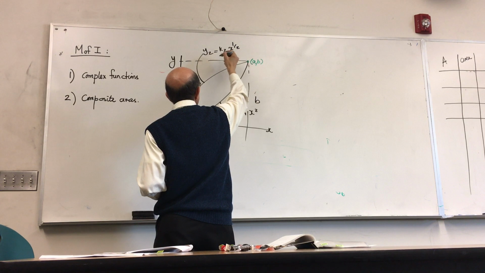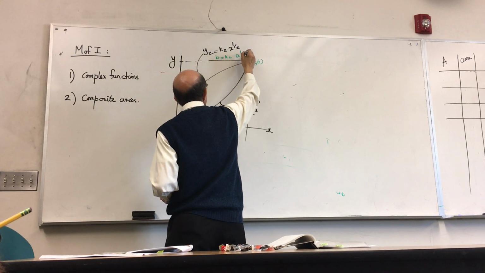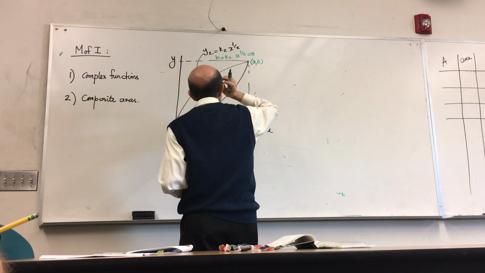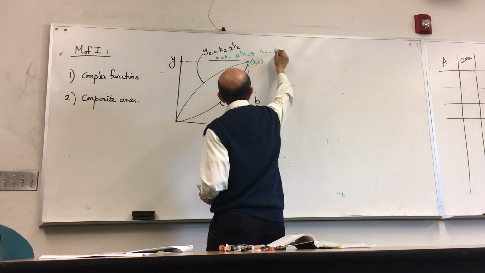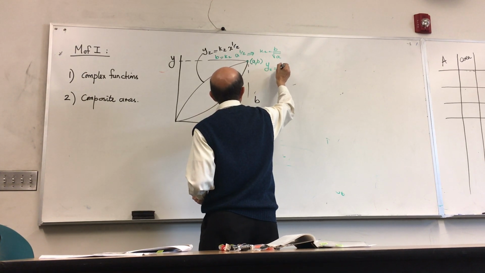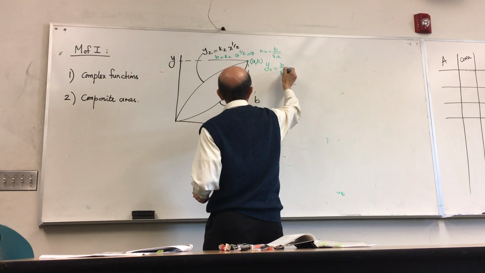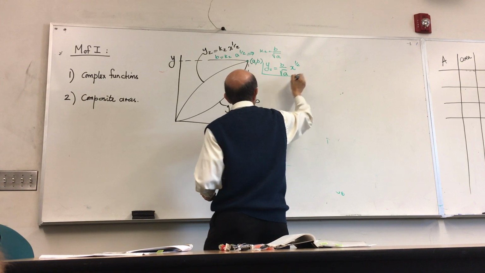So if I substitute that here, we have B is K2 A to the 1/2, so that will give me K2 is B over the square root of A. So Y2 is simply B over square root of A X to the 1/2.